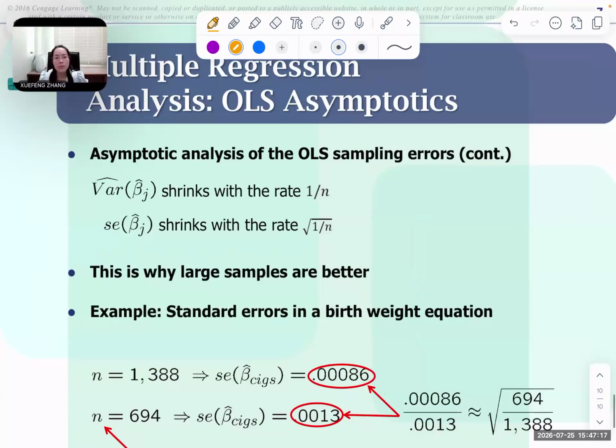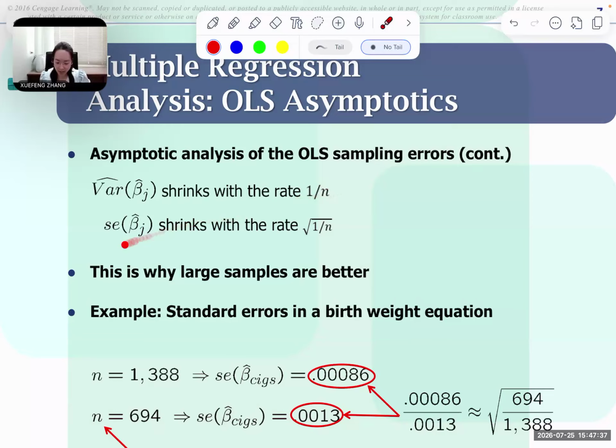Let's put a precise rate on this shrinking and see it with real numbers. The variance hat of beta j hat shrinks at rate 1 over n.